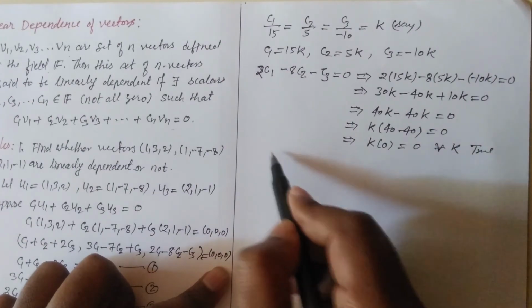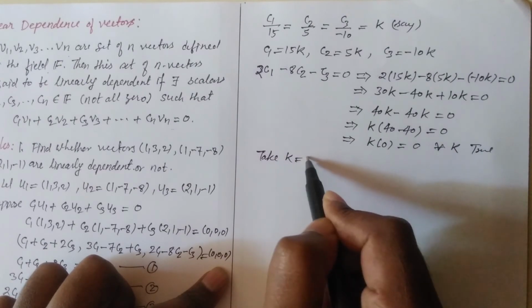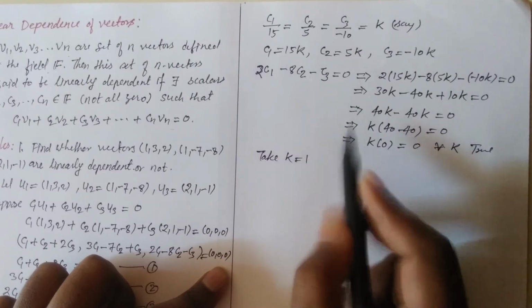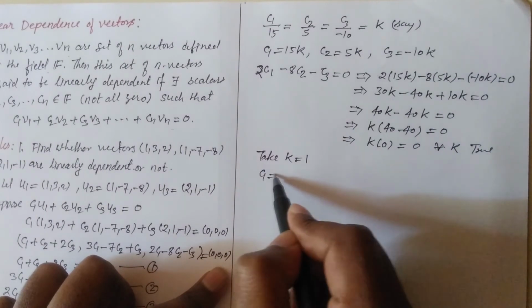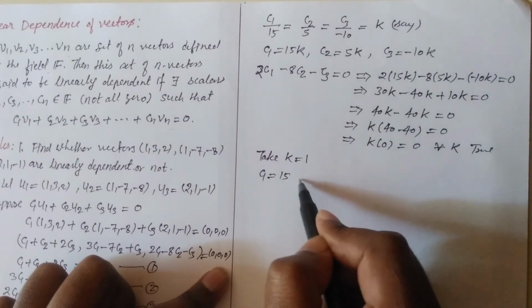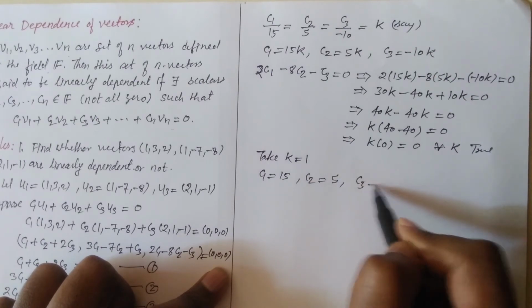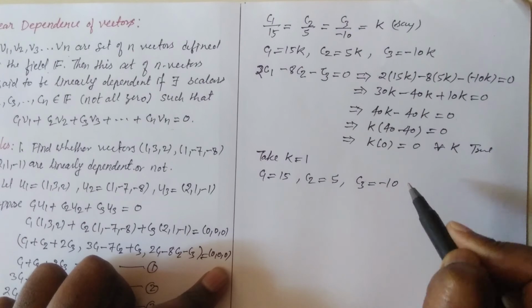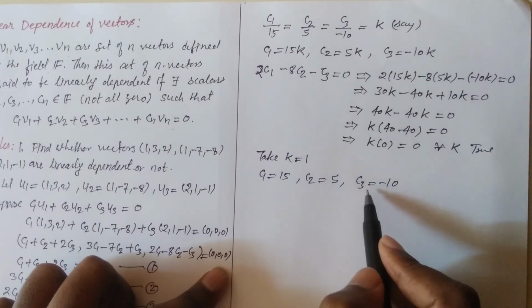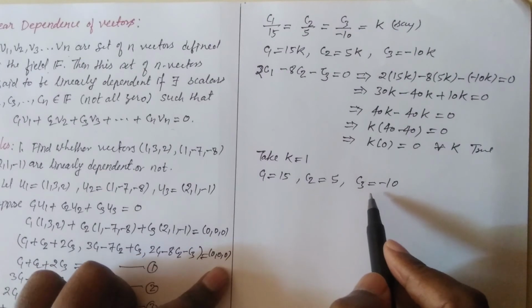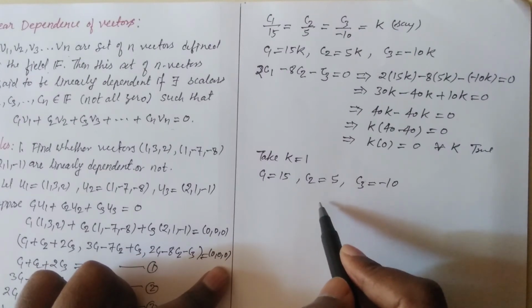So if I take K equal to 1, then we will have C1 equal to 15, C2 equal to 5 and C3 equal to minus 10. Since C1, C2, C3 are non-zero, therefore we can say that the given set of vectors are linearly dependent.